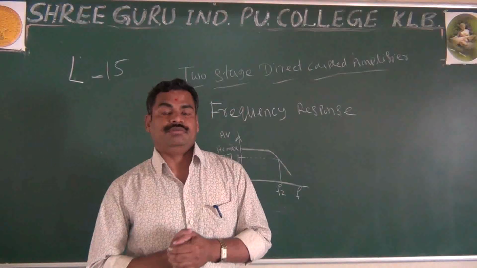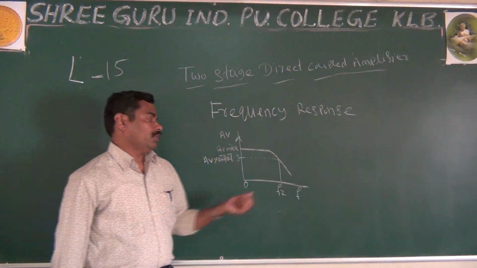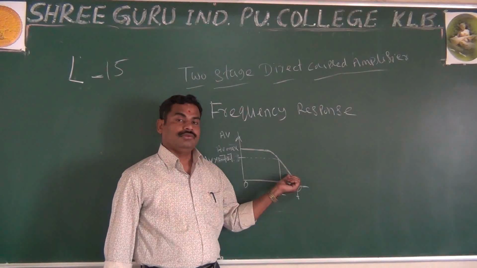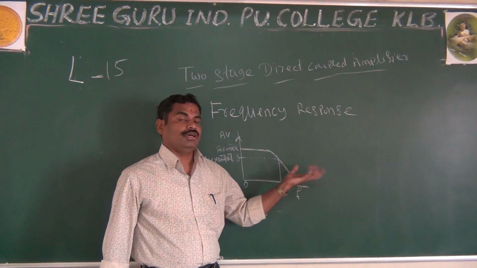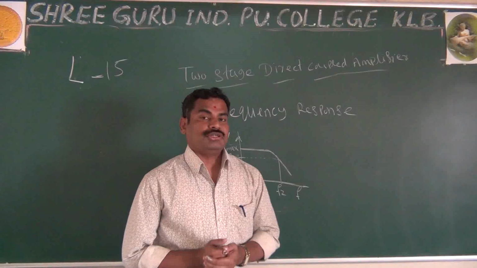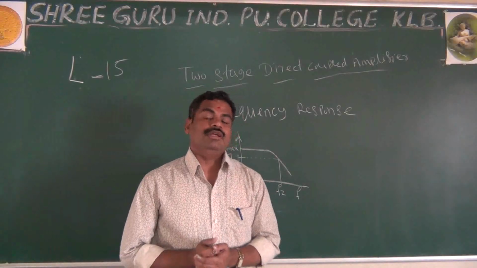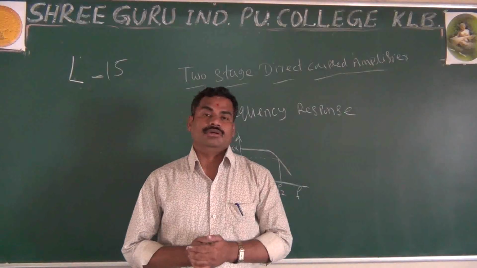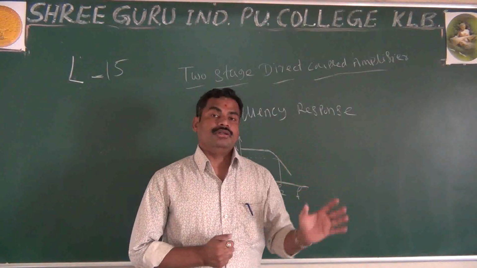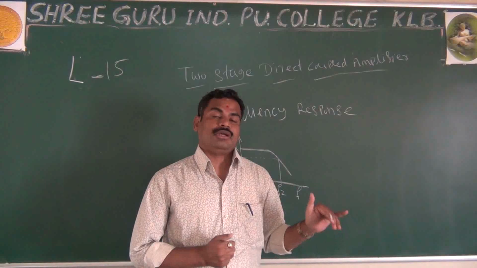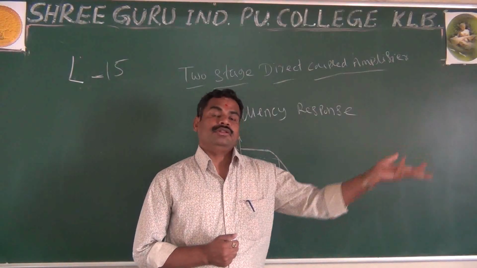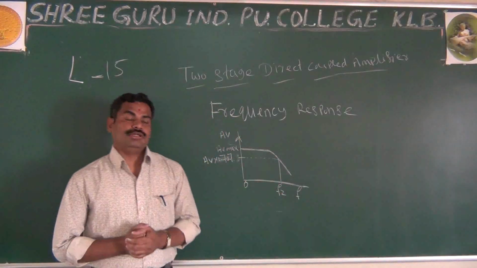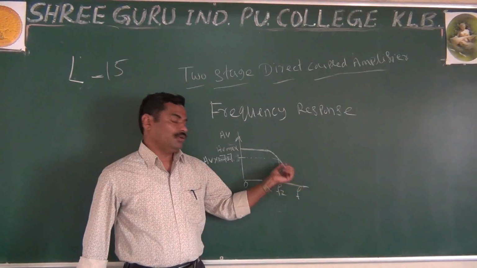For high frequency, the transient capacitance or stray capacitance will be very low reactance, and this low reactance is in parallel with RL. That's why all the voltage drops across the capacitor, nothing drops across the load. That's why the voltage gain reduces.